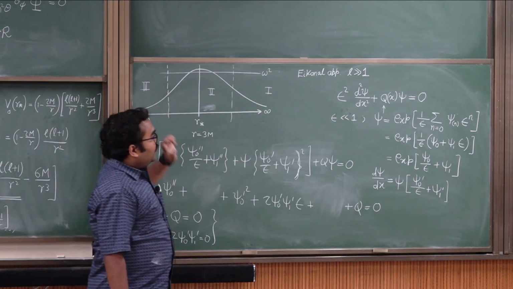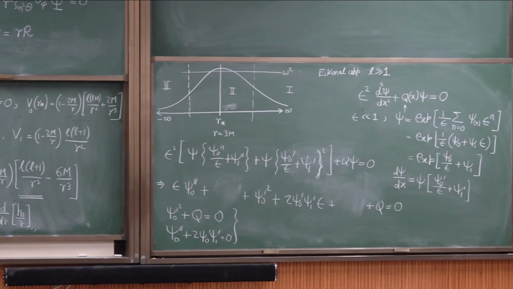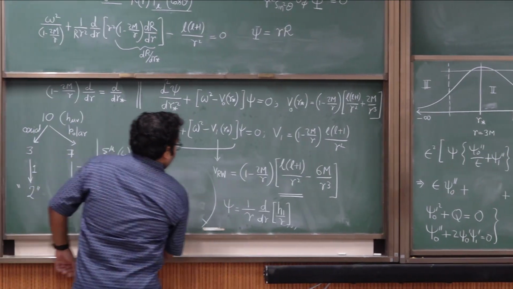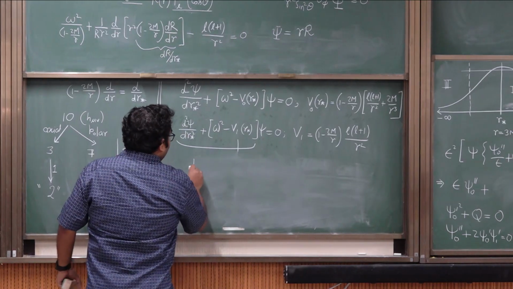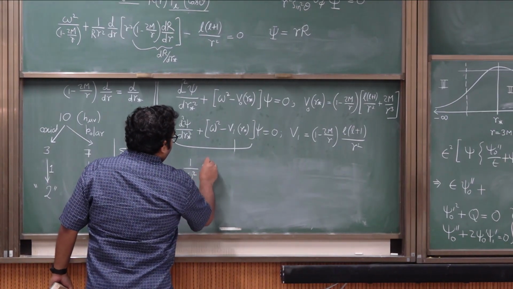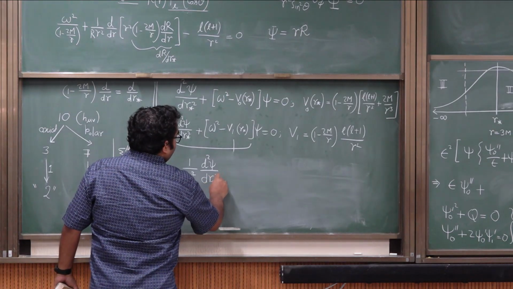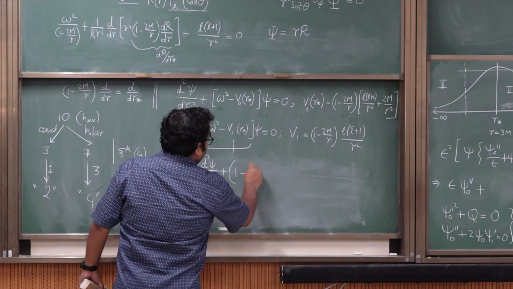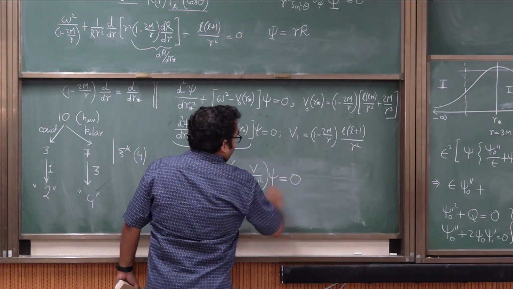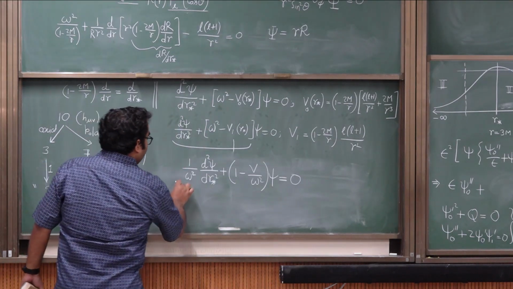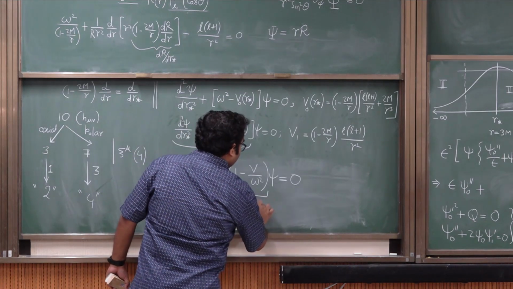So in this region, if I come back to these equations, I will rewrite them as 1 by omega square d2 psi by dr star square plus 1 minus v by omega square psi equal to 0. I will identify this as epsilon square and this as my q.